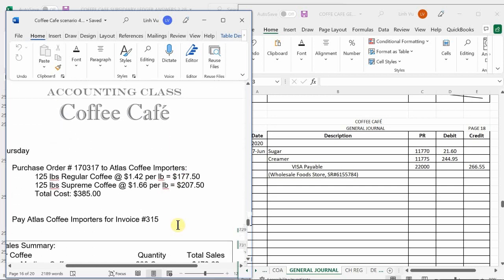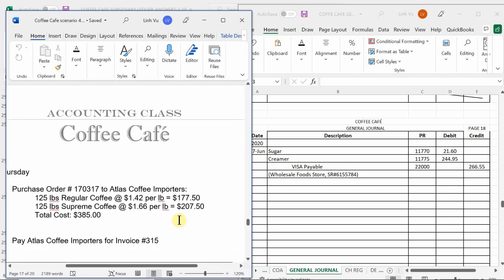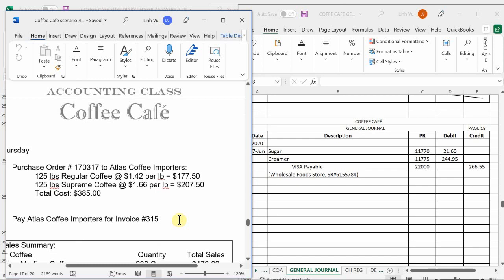All right, so let's see what's next. We end up putting in another purchase order for $317 to Atlas Coffee for another 125 pounds of coffee, okay, giving us a grand total of $385.